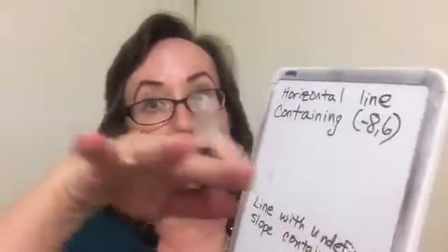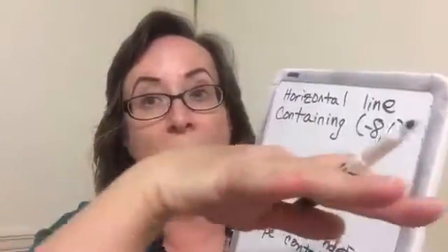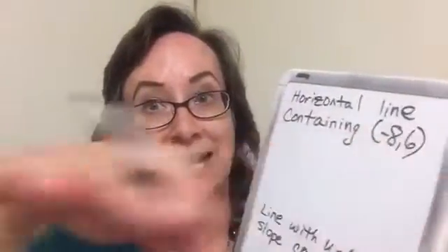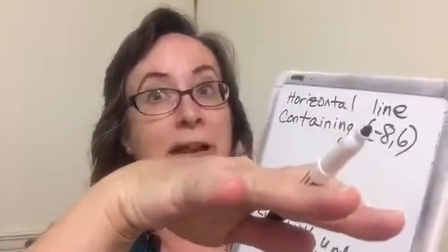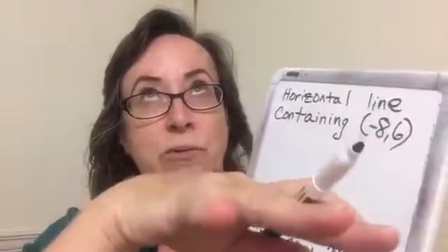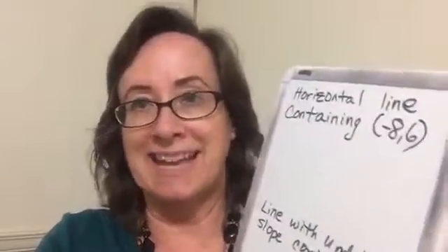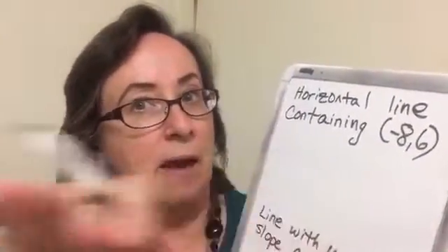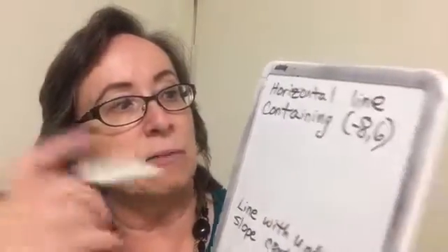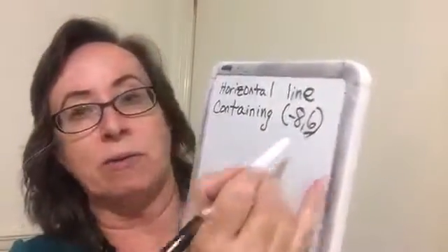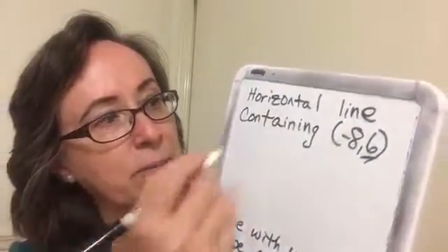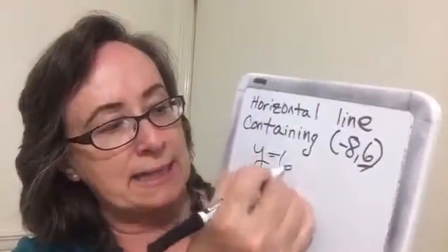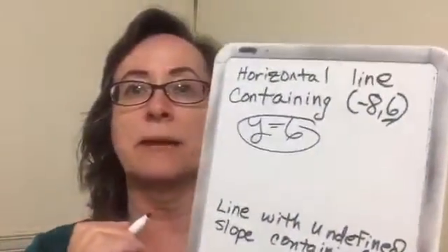If we think of a horizontal line, it is a y line because y cuts the y-axis and is parallel to the x-axis. Okay, so since this is going to be a y line, we're going to use the y coordinate of the point, and we're going to say y is 6. Done deal. That's all we have to do.